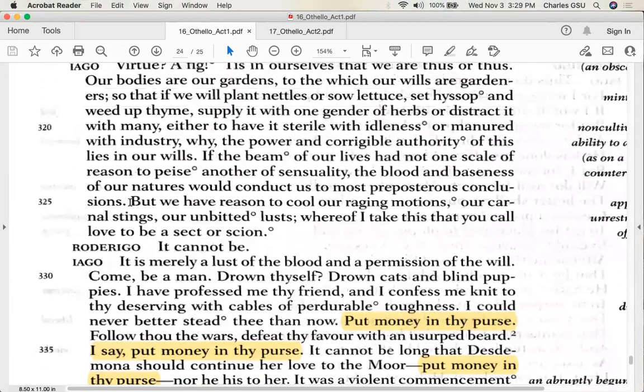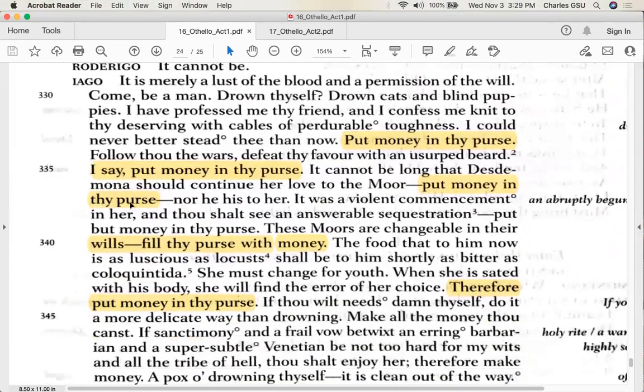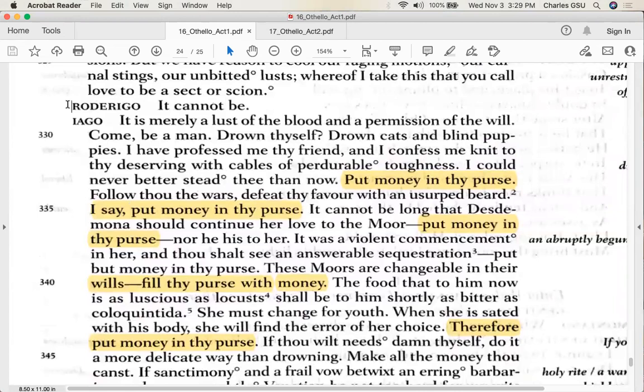So at the end of this act, it is just Roderigo and Iago here on the scene. And he says at least five times to Roderigo to put money in his purse, put money in your purse, right?